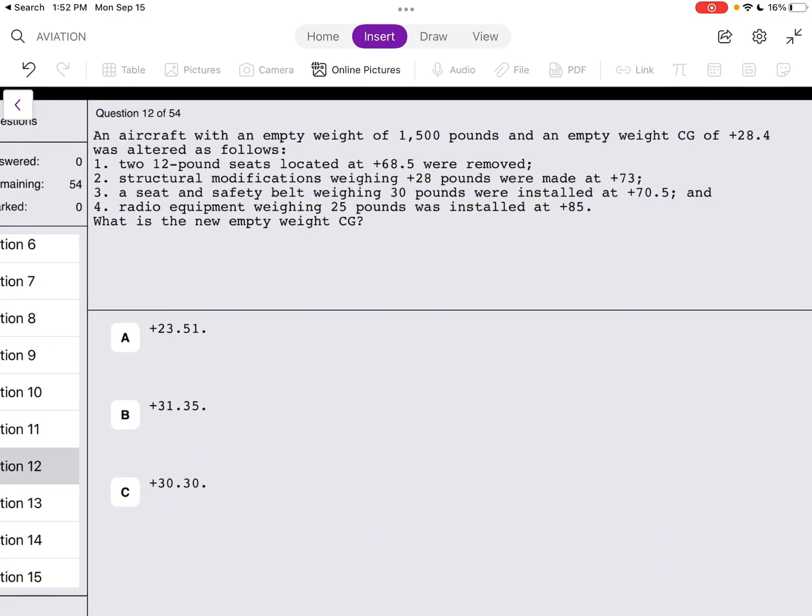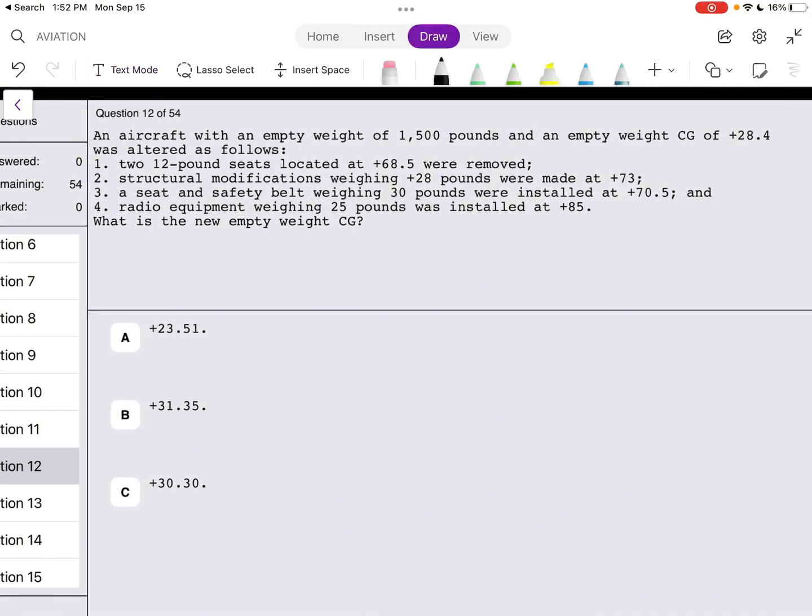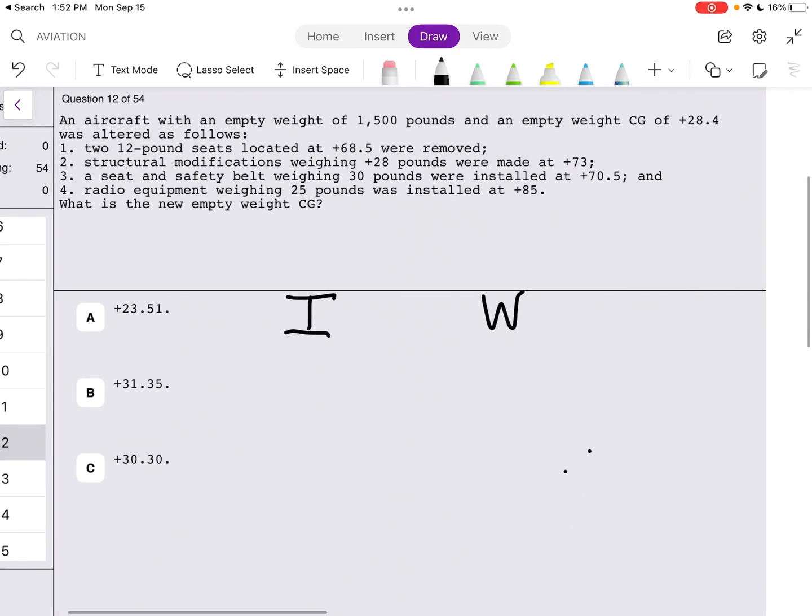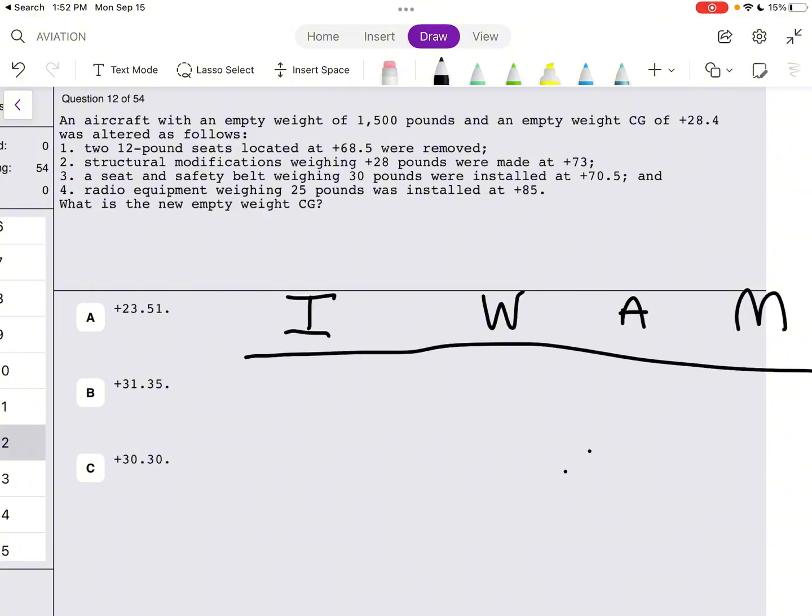What is the new empty weight CG? So we are going to make an IWAM chart, which is item, weight, arm, and moment. So our item is going to be empty weight in this line here, and we're going to put the weight as 1,500. The arm is the station number, so 28.4.